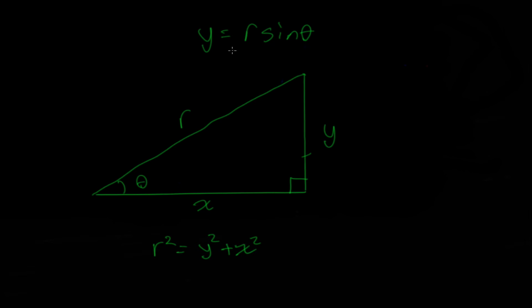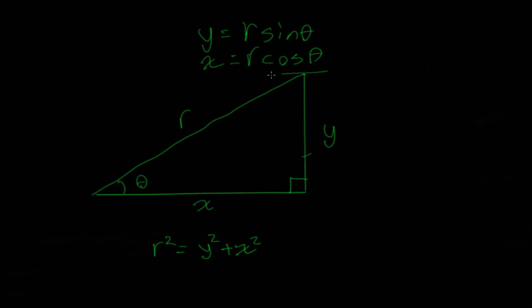It was only true that this was equal to sine theta because r is equal to 1, so that just canceled out. It's the same thing for x. x is equal to r cosine of theta, which is the ratio of the adjacent side to the hypotenuse r, and so we multiply times r to find the adjacent side.